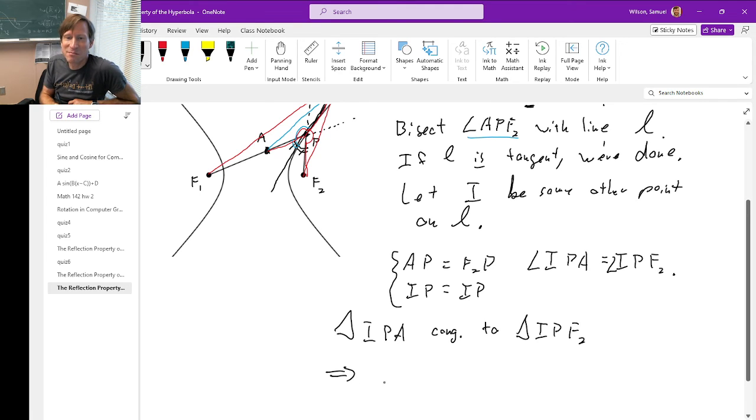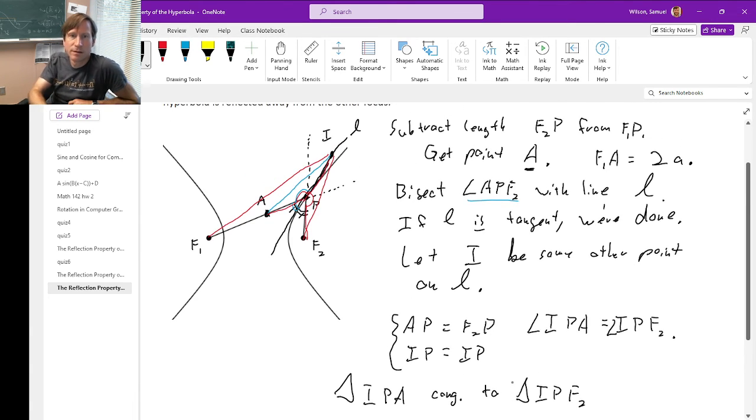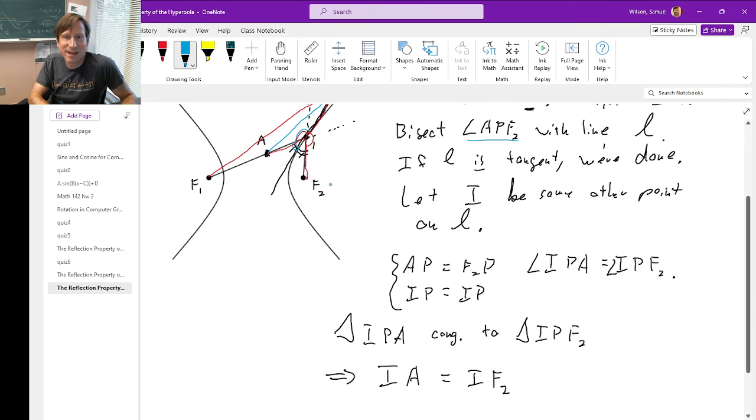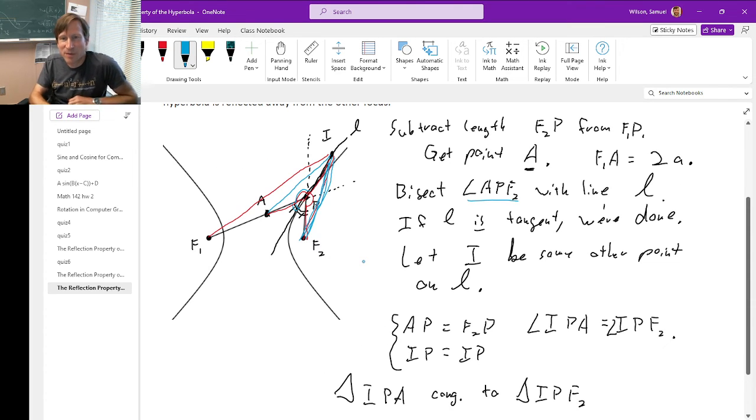So in particular, that means the side length from I to A is equal to the side length from I to F2. Okay, so now these two blue lengths are actually equal to each other.